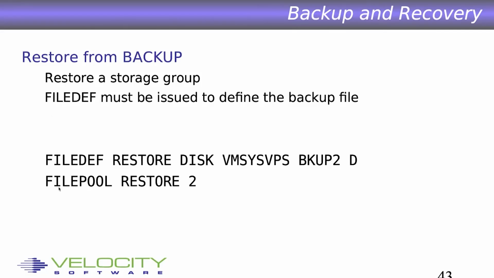And in this case, we issue the command FILEPOOL RESTORE, and that will restore the entire storage group. Now, this will wipe out any changes that may have taken place between the backup and the restore. So you have to be very careful and very deliberate when you want to do a restore like this of an entire storage group, because that could change a lot of users' file spaces and files.